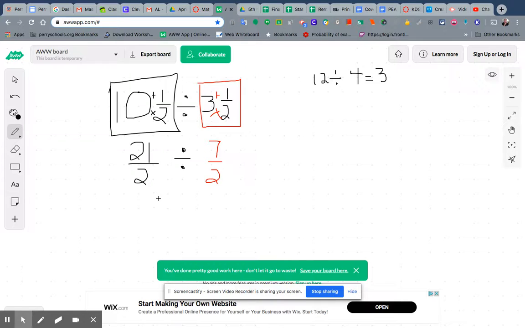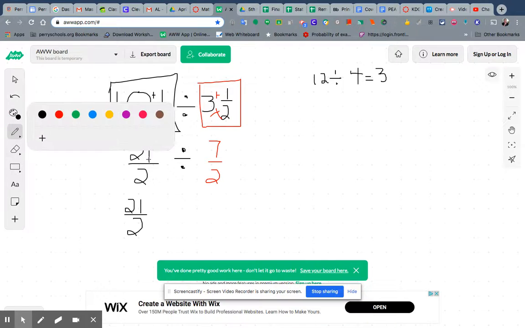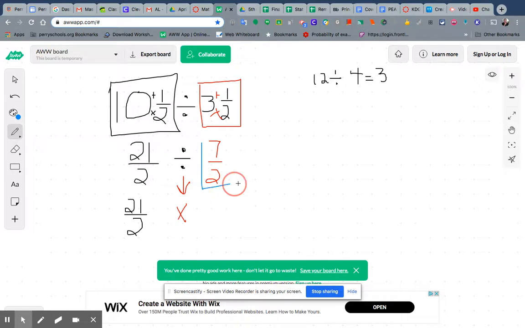Now I'm going to come down here and do my second step. My second step is to take 21 over 2, and then I'm going to convert the division to multiplication, and then I'm also going to take the reciprocal of 7 over 2.